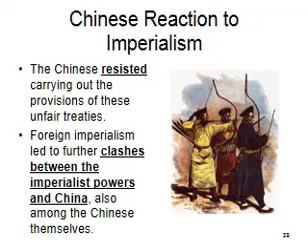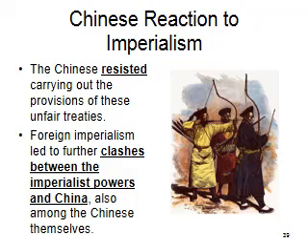Now, we've said a lot here about the Chinese and how they have reacted to imperialism. It's been pretty negative. The Europeans and the Americans and even the Japanese essentially have been able to dictate terms to the Chinese because of their advanced militaries and the failure of the Chinese militaries to keep pace.